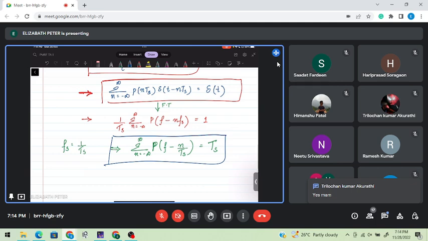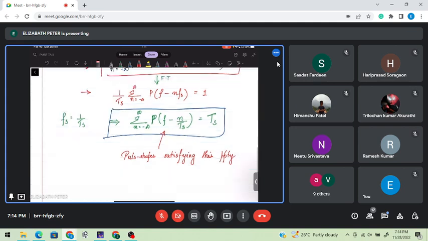So to see which symbol is offering zero ISI, we need to see the pulse shapes that satisfy this property. The pulse shapes satisfying this property give zero ISI.